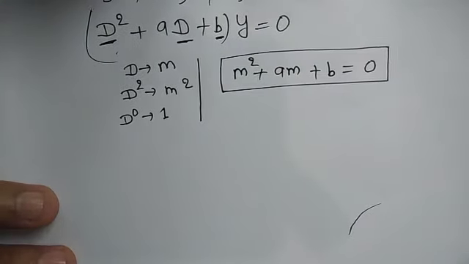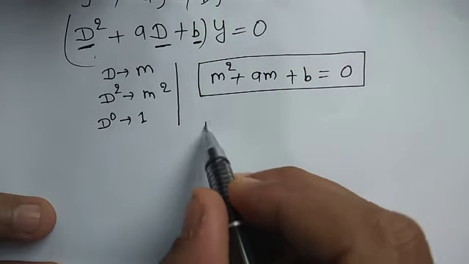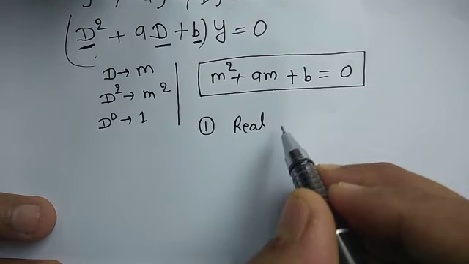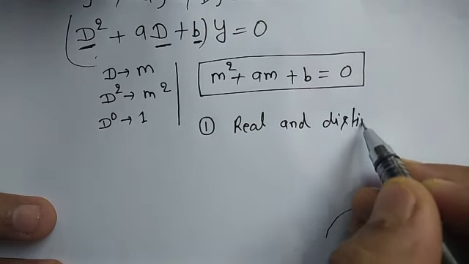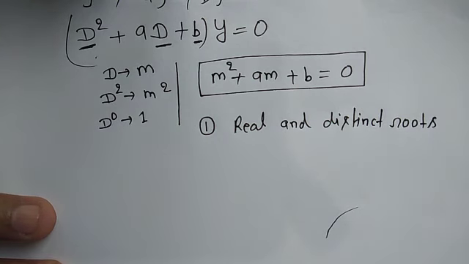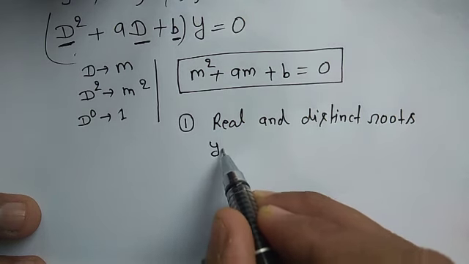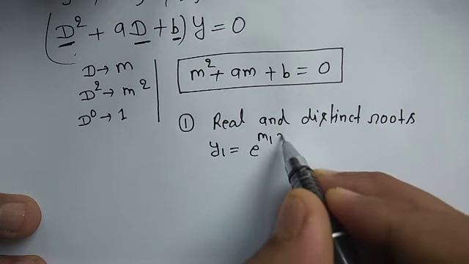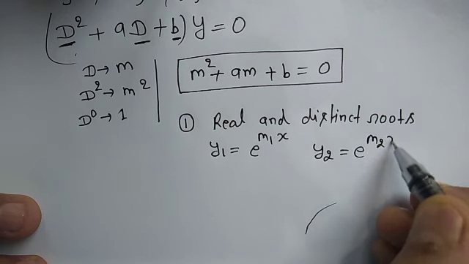Now we have three cases here. This is a quadratic equation, so we'll have two roots. First we'll have real and distinct roots. Suppose we have m1 and m2, so one solution will be y1 equal to e power m1x, y2 equal to e power m2x.